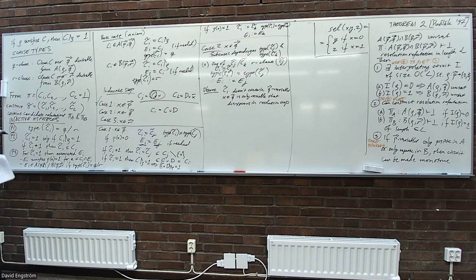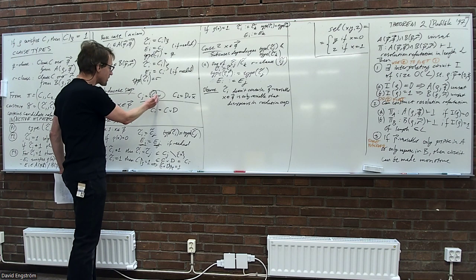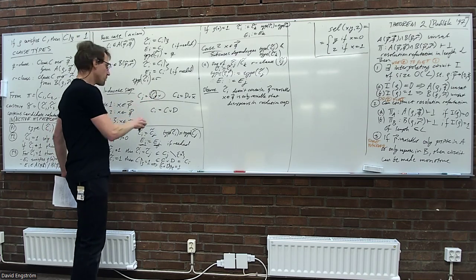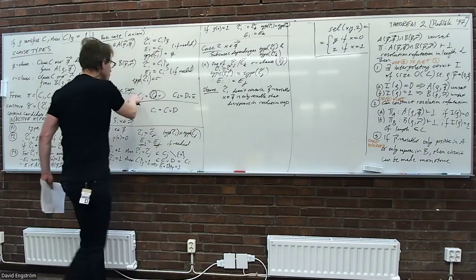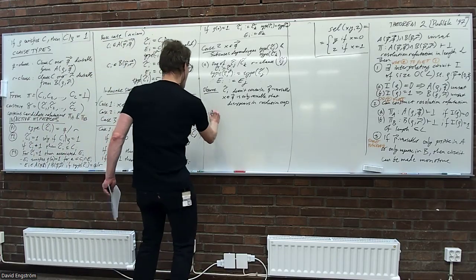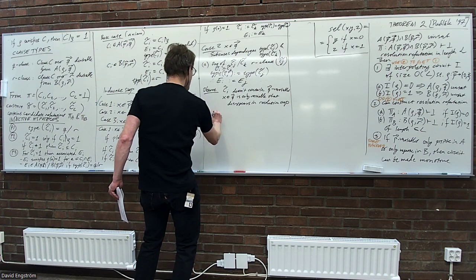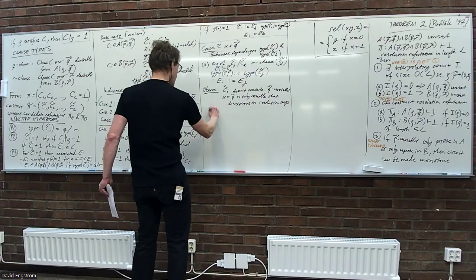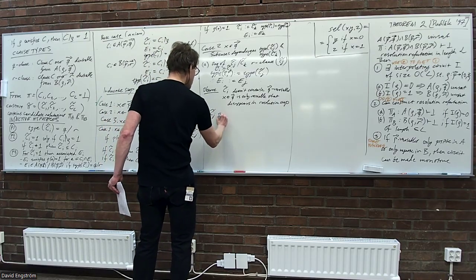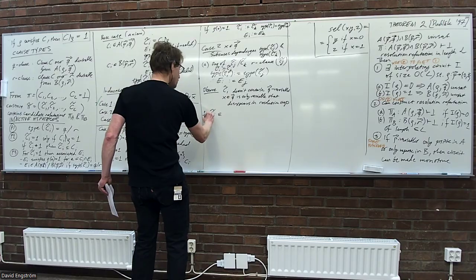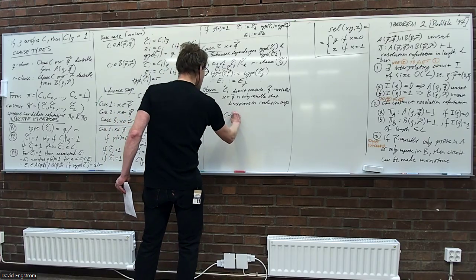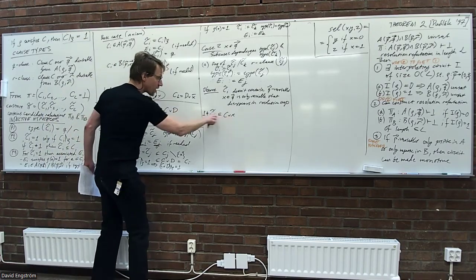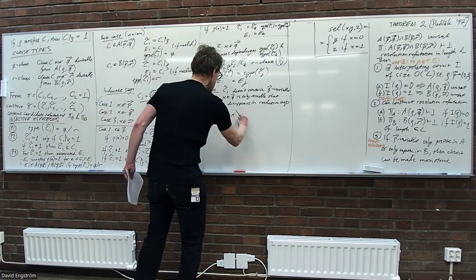And for the same reason, the only thing I need to argue is that I know that CJ tilde, if it's not 1, so suppose that it's not 1, then it is contained in C or X. But again, X is a Q variable and this is an R clause.